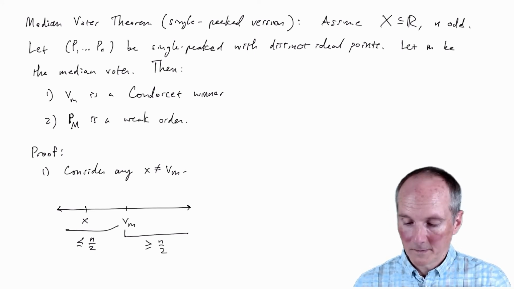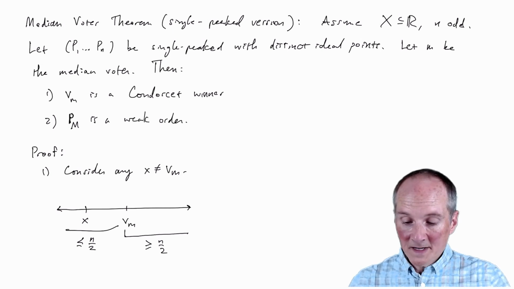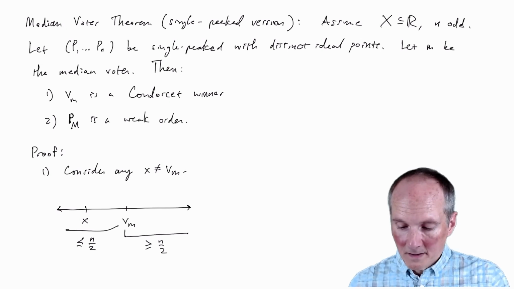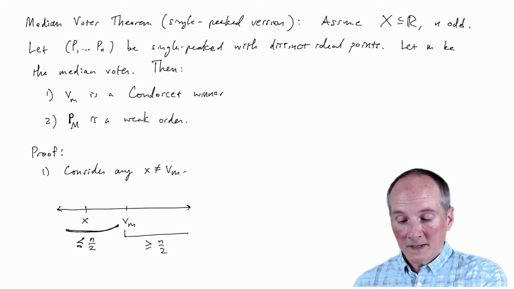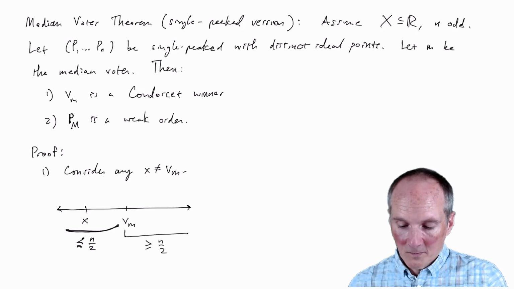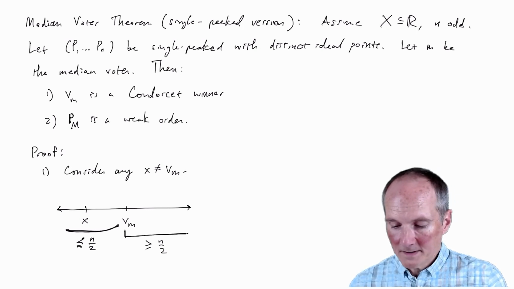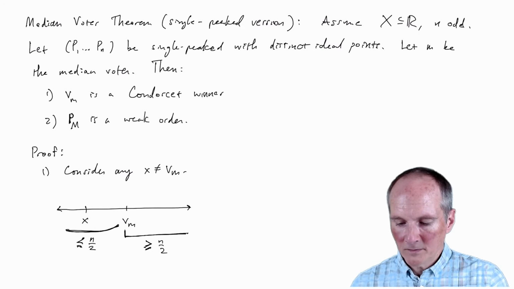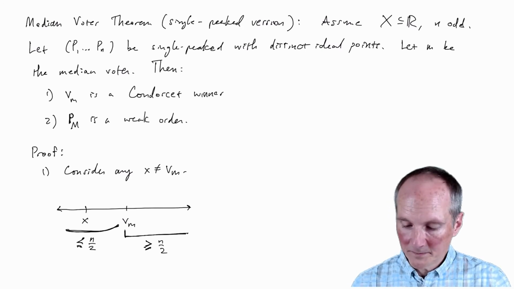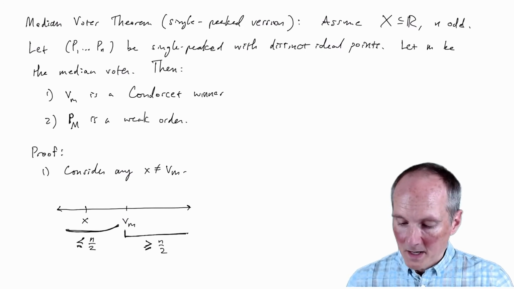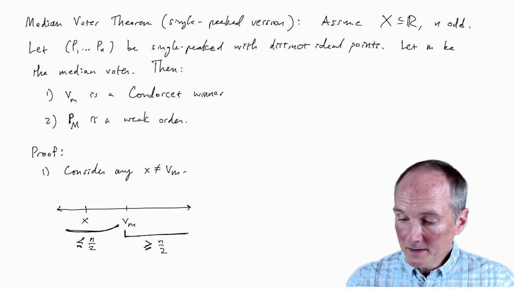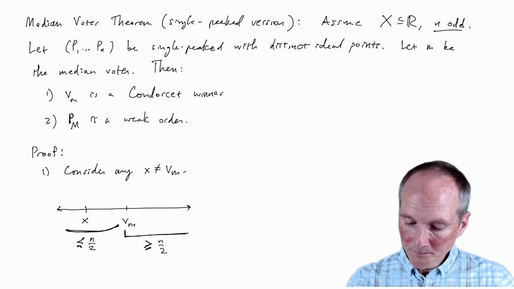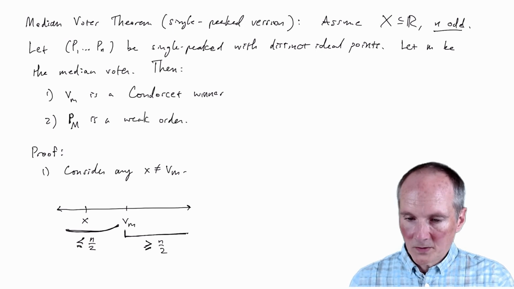All right, so to repeat, by definition of the median, if we look at the voters to the left, that's not a majority. So then if we take the complement of that set, which means the median and anyone to the right, there have to be at least n over 2 people in that group. Now we're assuming n is odd, right? So n over 2 is not an integer.